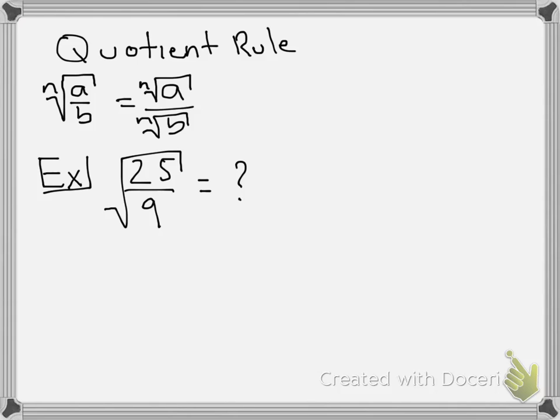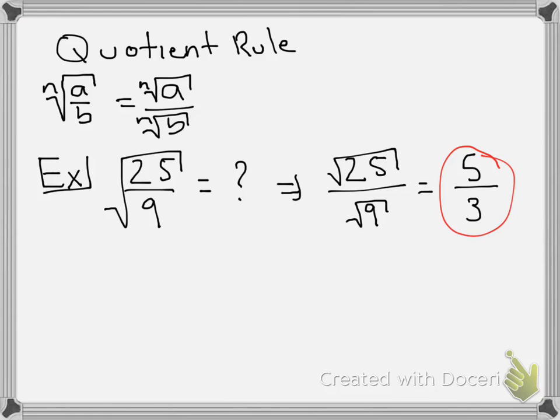Let's look at an example where we've got the square root of 25 over 9. 25 over 9 doesn't really simplify, but it's still a little bit ugly, so we always try to get rid of these if we can. Well, we can rewrite this as the square root of 25 over the square root of 9. Both of these should be numbers you know pretty well. The square root of 25 is 5, and the square root of 9 is 3. So our final answer is 5/3. So we've got this thing that initially wasn't really obvious what it was, and we ended up with a nice simple answer like this.